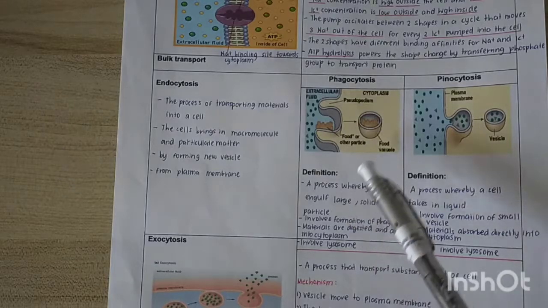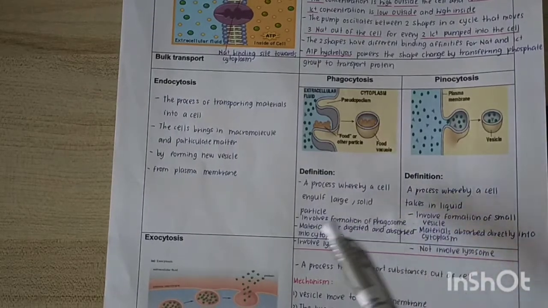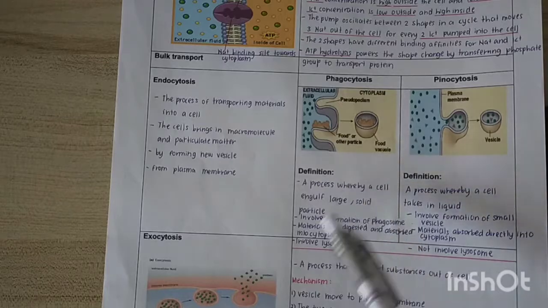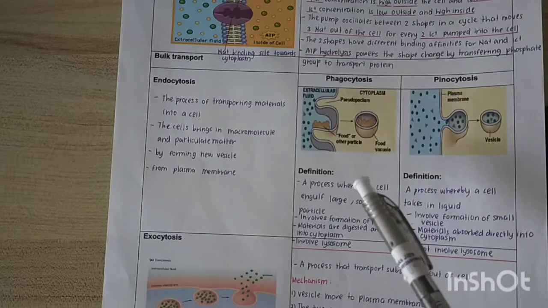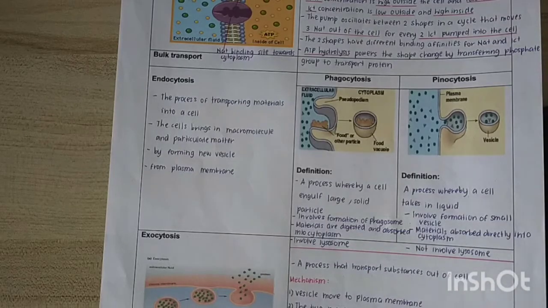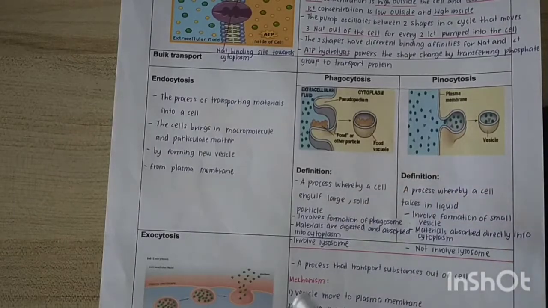And then for phagocytosis, material is digested and absorbed into the cytoplasm. Since the material is digested, it means that phagocytosis must involve lysosome. Because of what? In lysosome, it has hydrolytic enzymes which enable it to digest the content inside of the food vacuole.